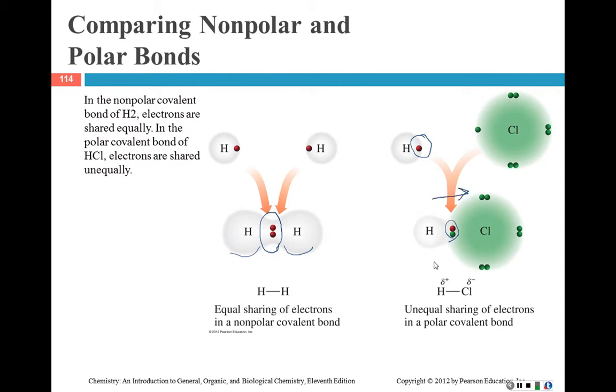In this particular compound, hydrogen doesn't follow a lot of the rules that the others do. That's why we write it on both sides of the periodic table. It does form a covalent bond, but it's a very unequal sharing of electrons, and so this gives us what we call the polar covalent bond, because this shared pair is going to be pulled closer to the chlorine than to the hydrogen, giving us a partial positive charge on one end and a partial negative charge on the other.